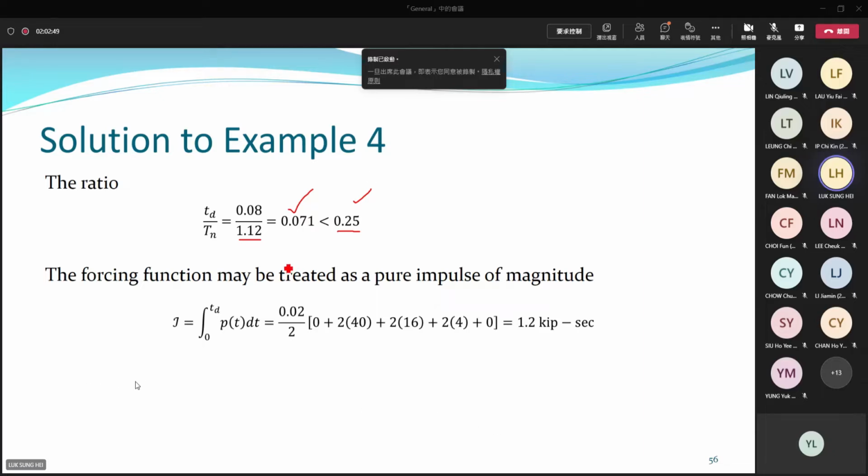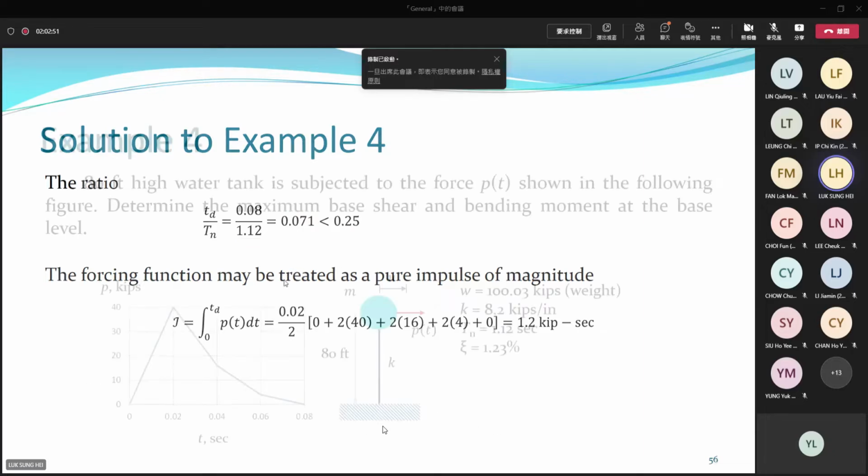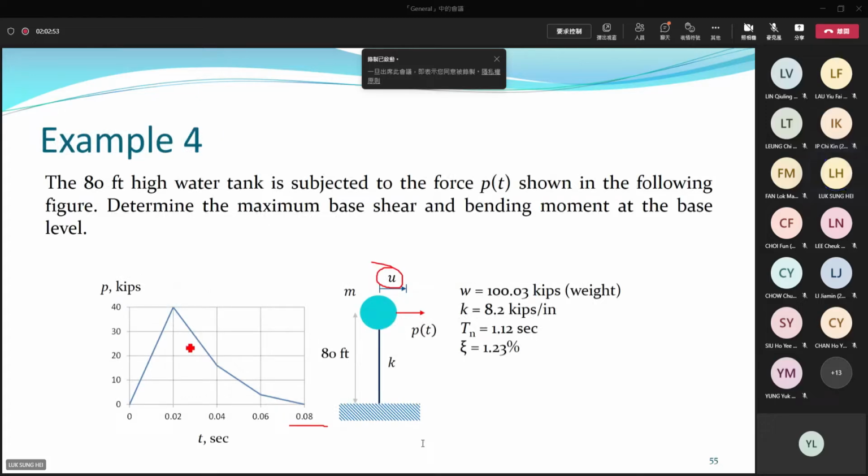And then how to use the approximate method? You have to calculate the area of this pulse. You may cut this pulse into different strips. Here, you may cut this into different areas. You know how to calculate the area of triangle, trapezoidal, and so on. Right? So I think calculating the area of this part is not that difficult.